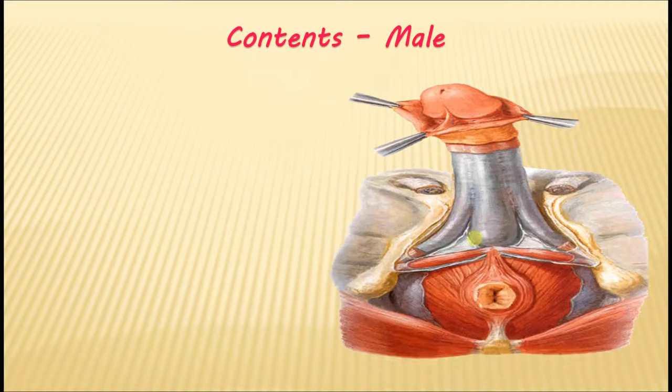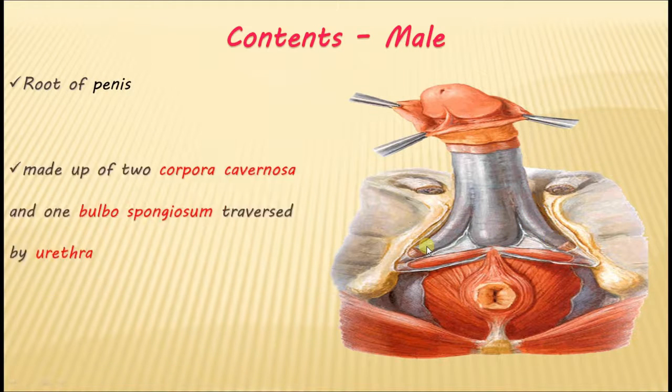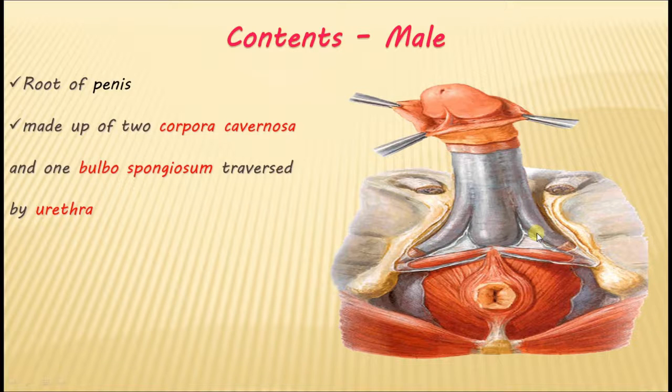Now coming to the contents in the case of the males, it mainly consists of the bulb and the crus of the penis. The starting point is actually called the root of the penis, made up of the two corpora cavernosa, covered by the ischiocavernosus muscle, and then the bulb covered by the bulbospongiosus.